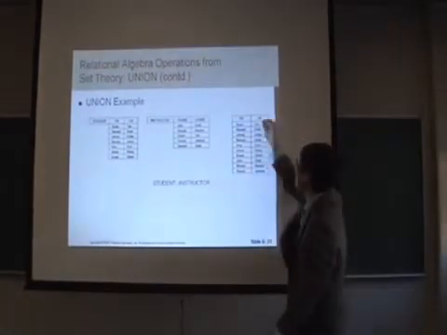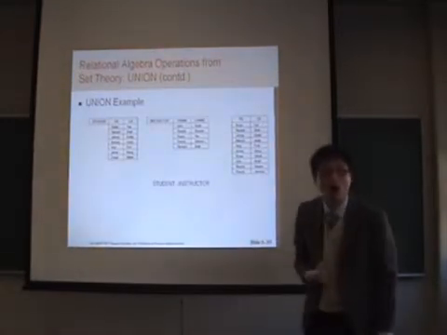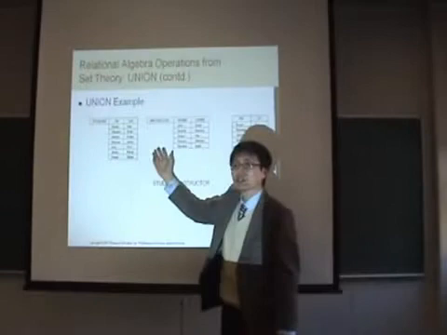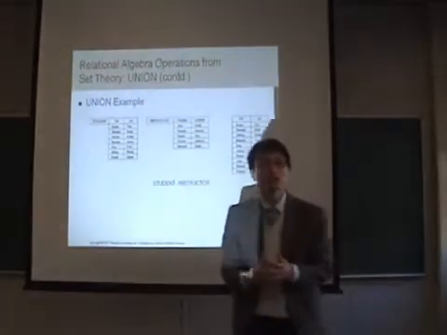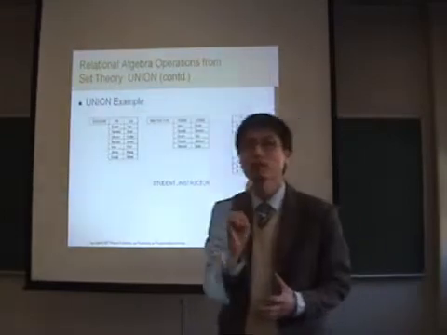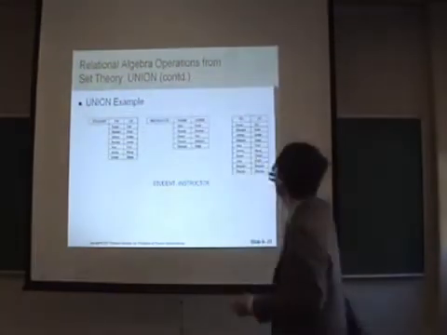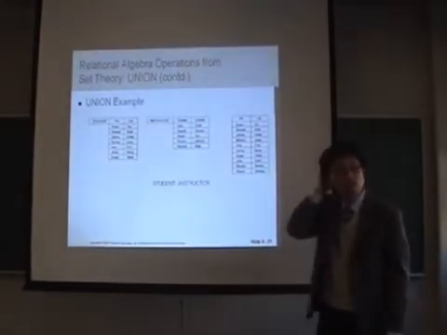So it should be 10. It's not 12. Why? There are common things, duplicate data. So when you union, when you combine, you need to remove any redundant information. That is the reason we have only 10 of them. That's the only thing you should be careful about.